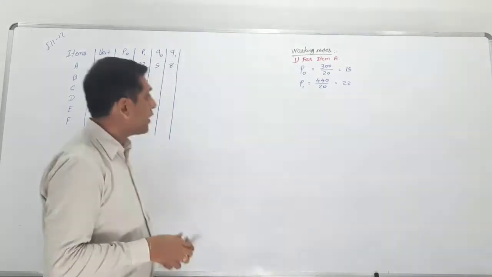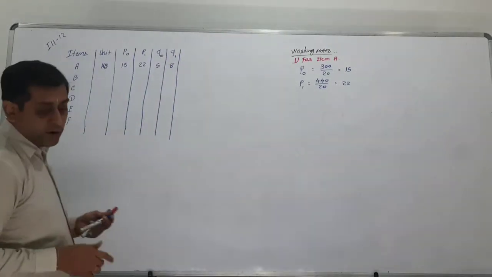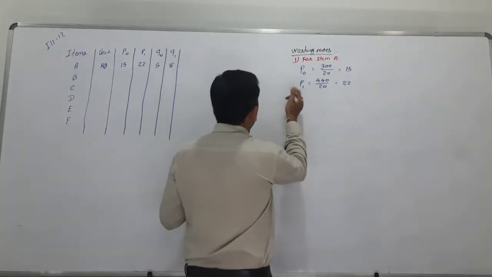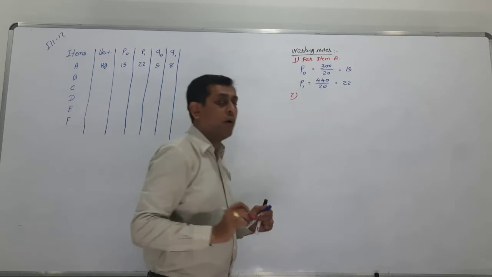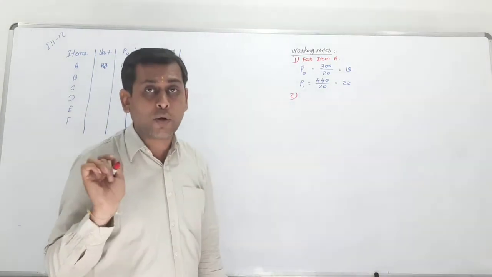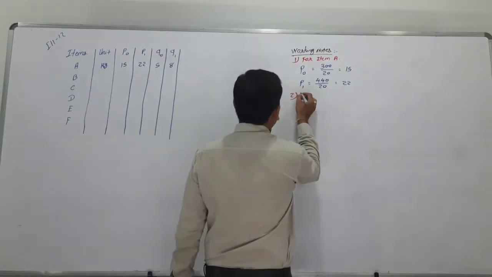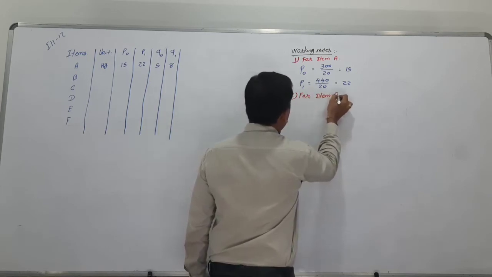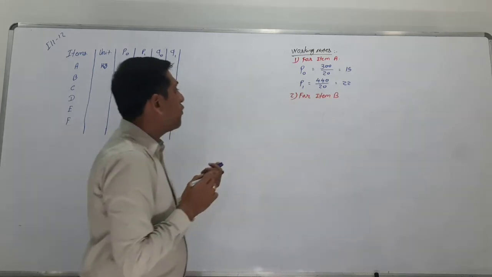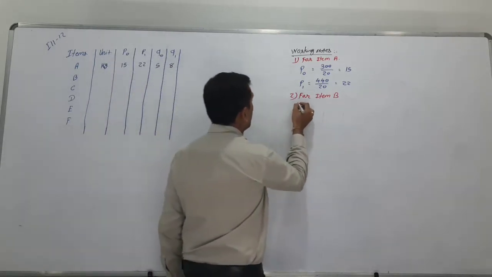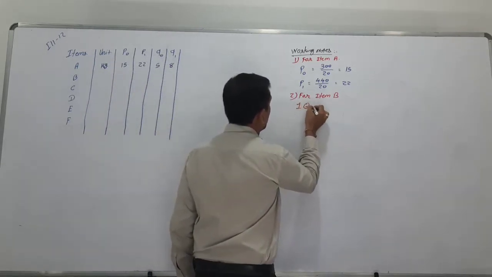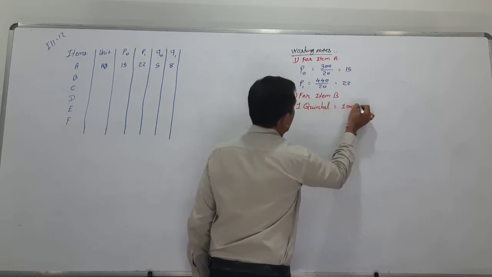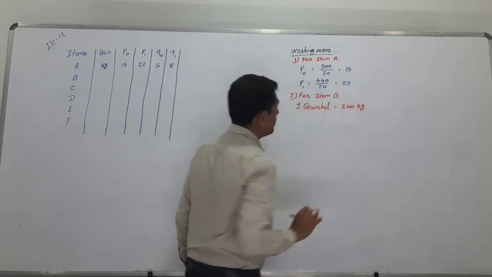Okay, so now for item B, what is given? Quintal. Now this is the working note number 2. Here again we have to convert quintal into kg. So I am writing here for item B, first of all you have to write 1 quintal is equal to 100 kg.